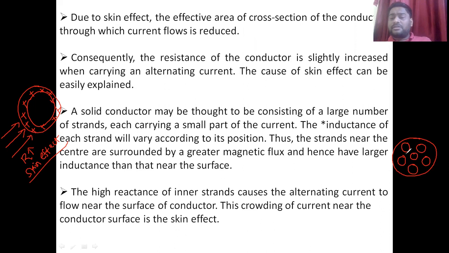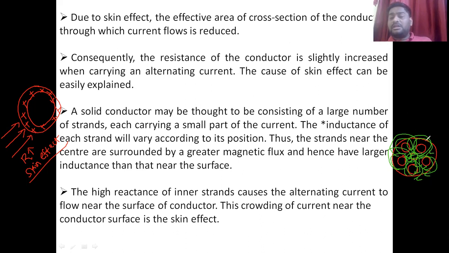Each current flowing through each strand produces magnetic flux lines around that strand. Similarly for every other strand, magnetic flux lines are produced. So the middle conductor is cut by the magnetic flux of the remaining strands.